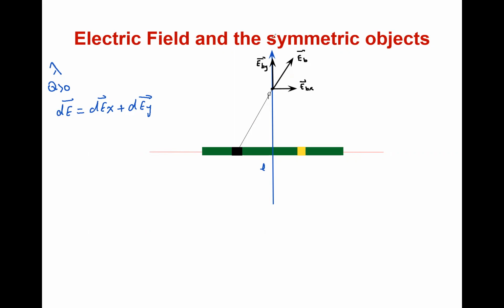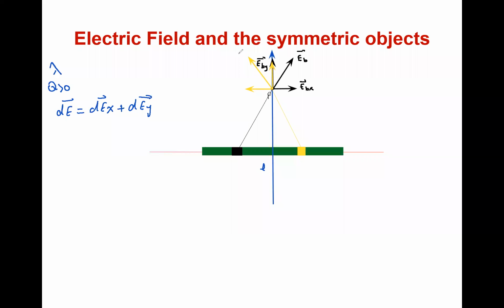And the yellow one will also create a field in this direction. Also, it has an EX component and an EY component.